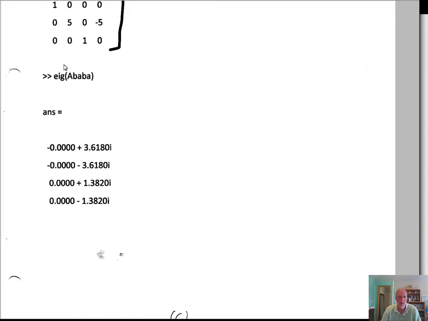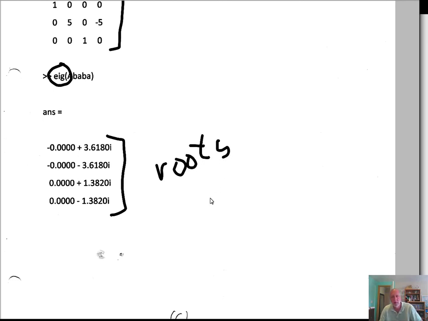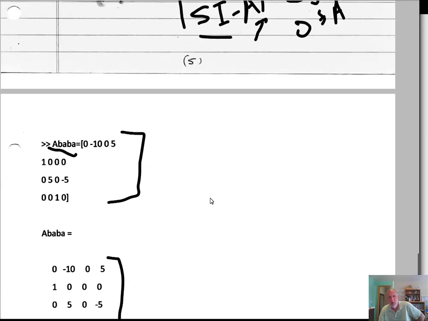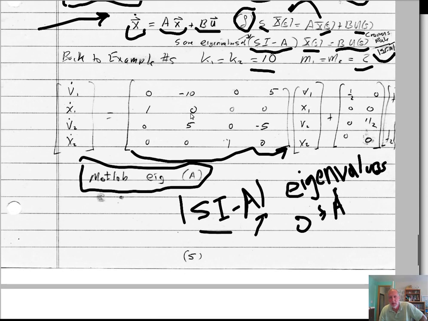And then I simply use the MATLAB command eig. And look at this, we get the exact same roots of the characteristic polynomial that we had using the non-state space form. And we should, because we didn't change the equations, we just rearranged them to get them into this standard state space form.